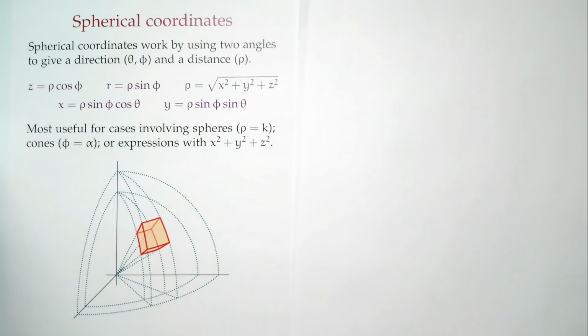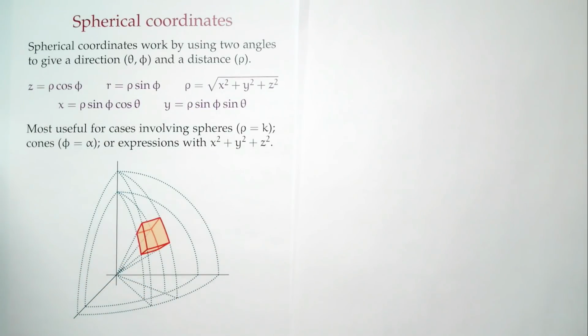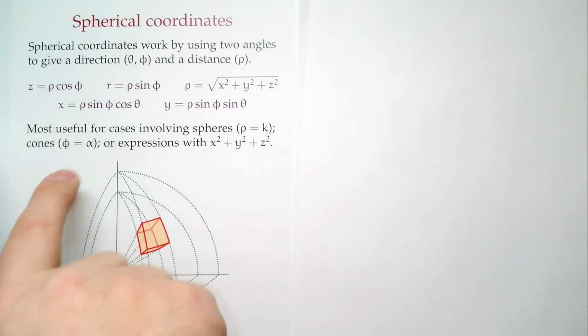And that's a clue on how to use spherical coordinates. Now there's another clue, which is if you see spheres. Because spherical coordinates is very useful for spheres. In fact, we call it spherical coordinates because they're easy to describe. Also, cones are very easy to describe. And when we talk about cones, that becomes just phi equals some alpha.